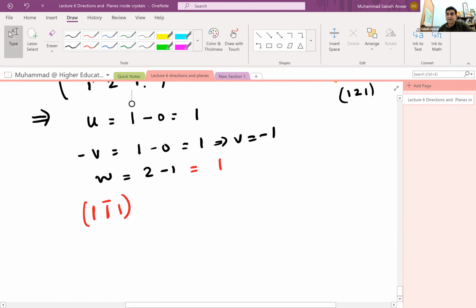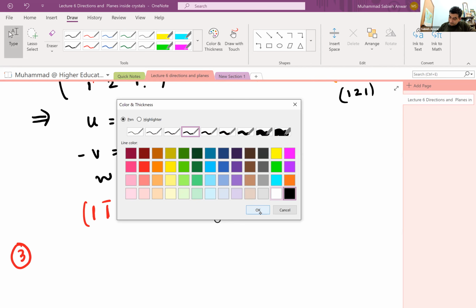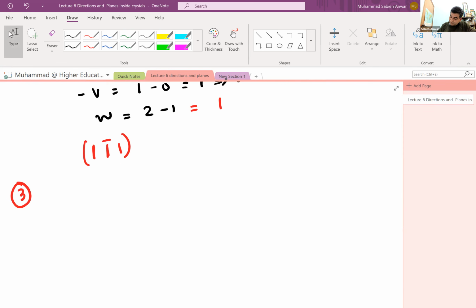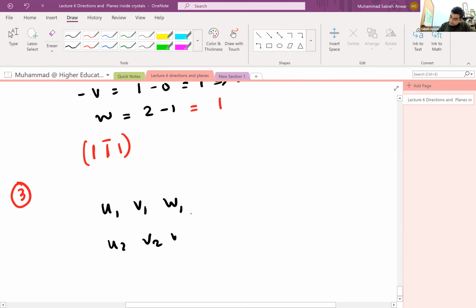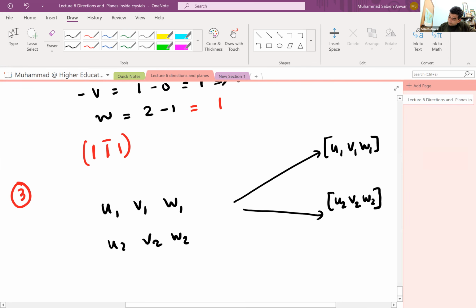Likewise, if I have two directions, I can also find out what plane those two directions lie in. So if I have two directions, u1 v1 w1 and u2 v2 w2, of course these directions are going to lie in a plane.